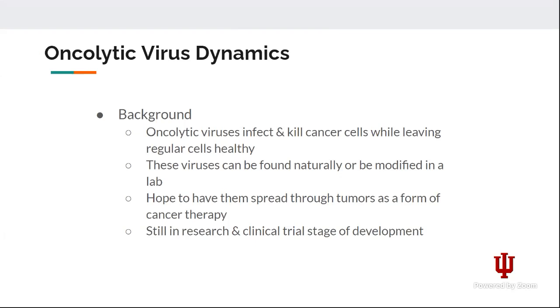I found that interesting because we usually think of viruses as bad, but this helps medically. These viruses can be found naturally or modified in a lab to be suited towards the type of cell you're trying to kill. A lot of people are trying to use them as a form of cancer therapy to spread through the tumors and kill them while not disrupting the normal cells.